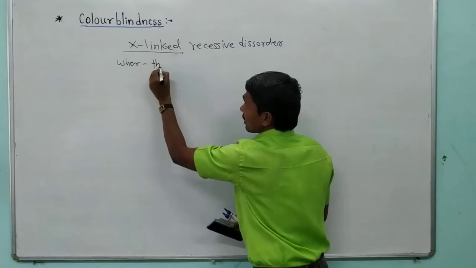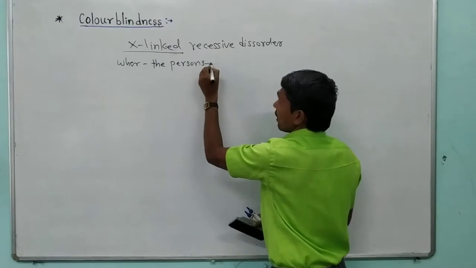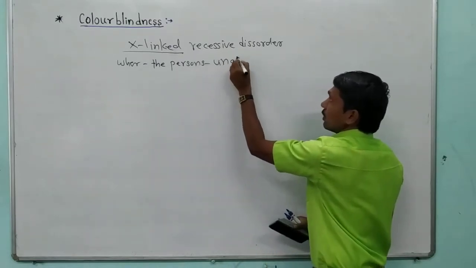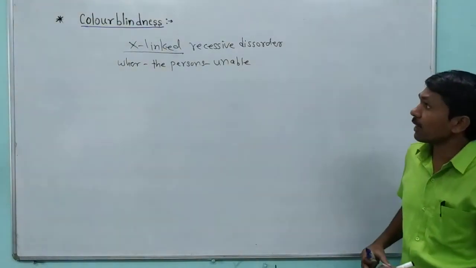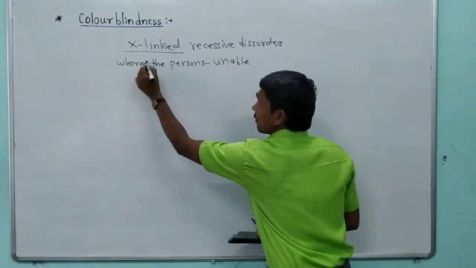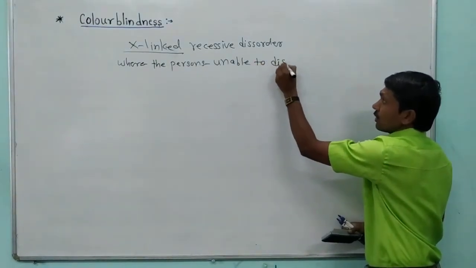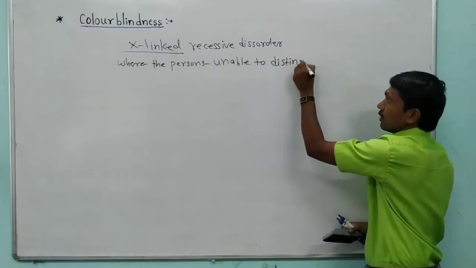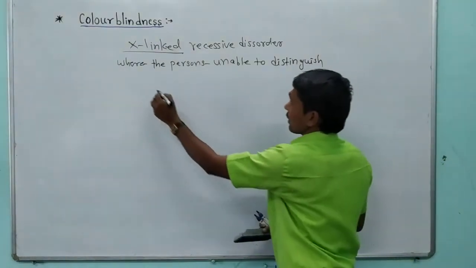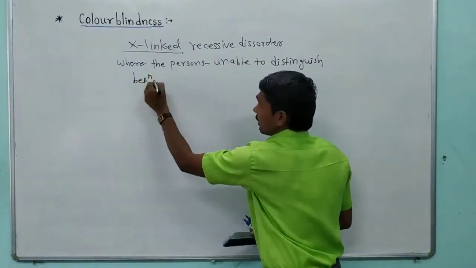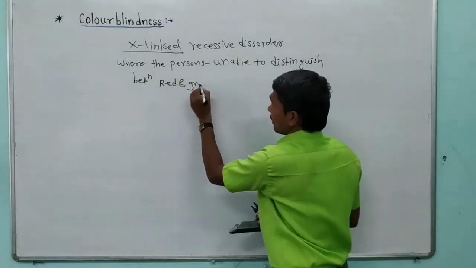When this disorder occurs, the persons are unable to distinguish between red and green color.